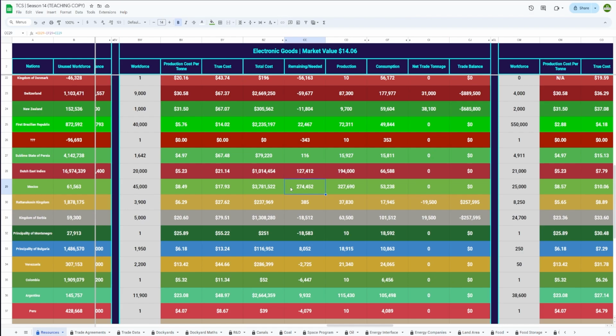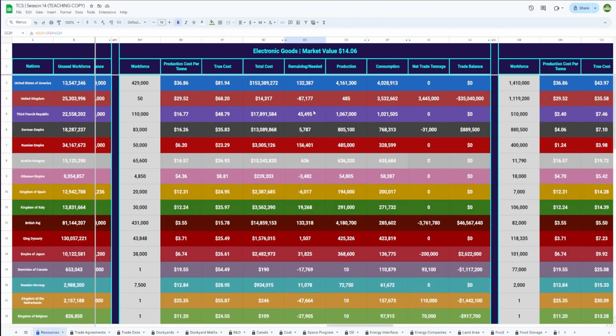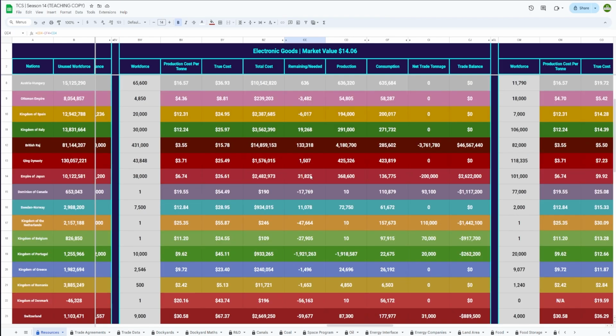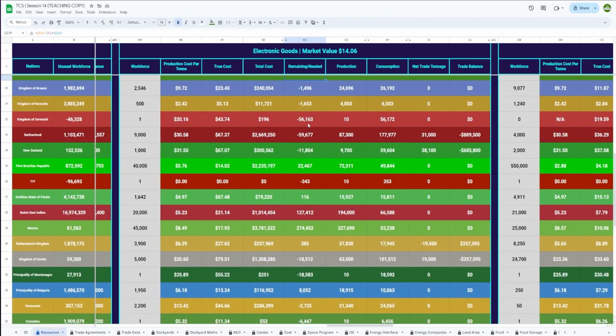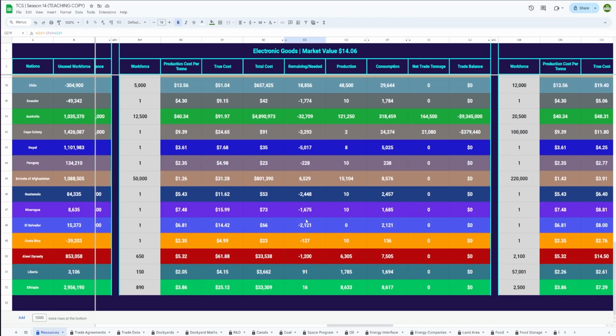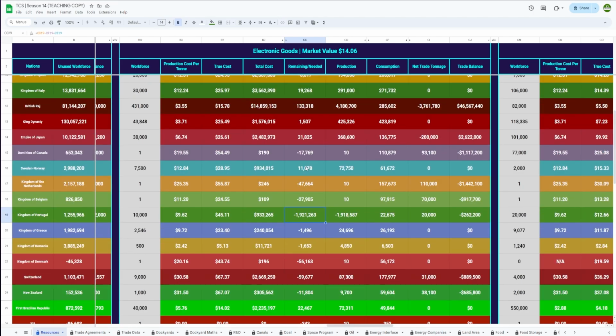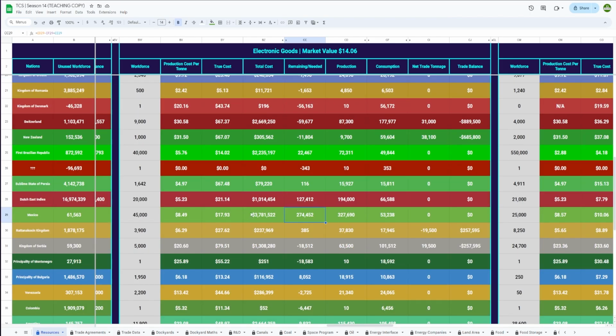So now either we would go and offer this to somebody who doesn't have a massive surplus. For example, we could offer to Britain, since they're in a deficit. We could offer to Portugal, which is an AI nation, so you'd have to ping an AI GM. We could offer to anyone with a negative amount, and effectively they just pay for your resources that you're producing.